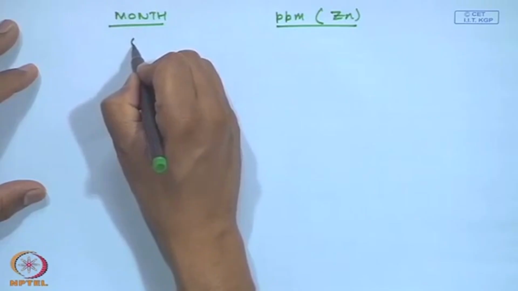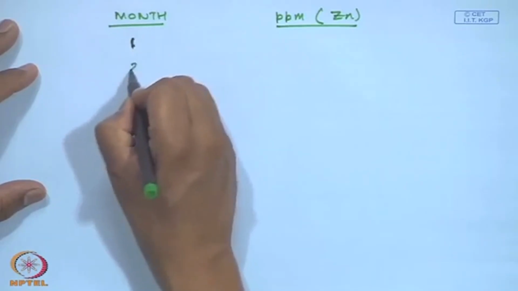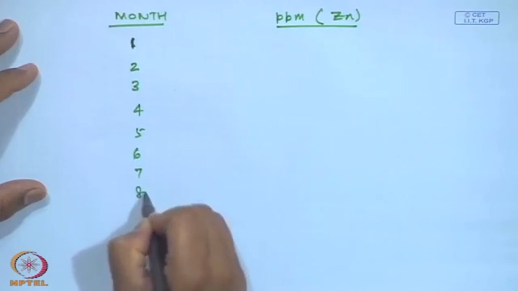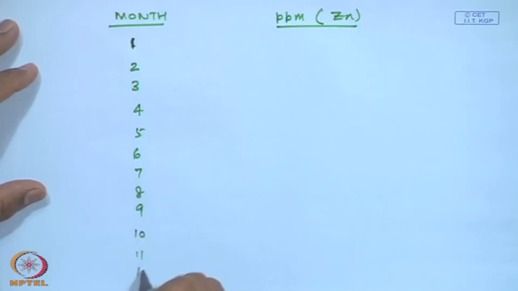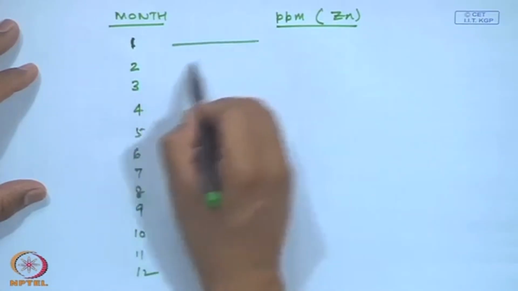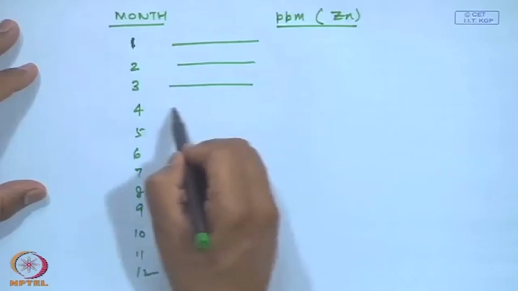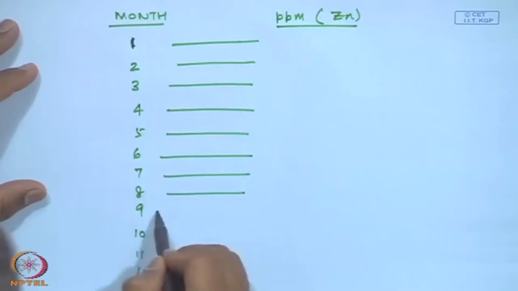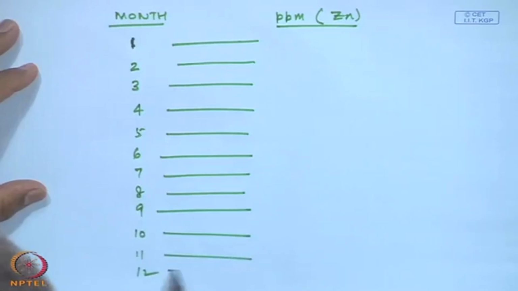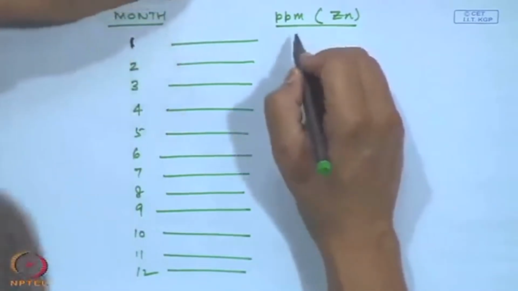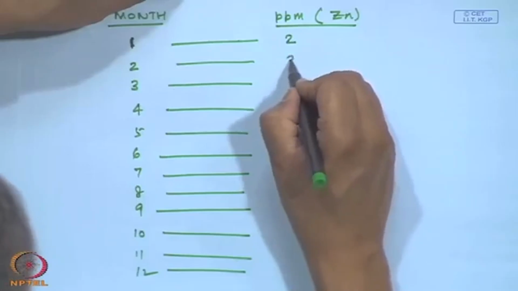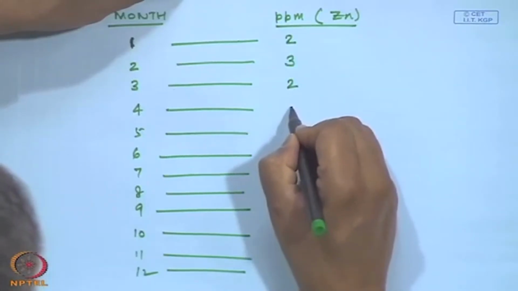So, at the end of the first month, second month, third month, 4th month, 5th month, after every month, you will be collecting the oil sample and giving it to a lab. To begin with, this is about 2 parts per million, 3 parts, maybe again 2 parts.